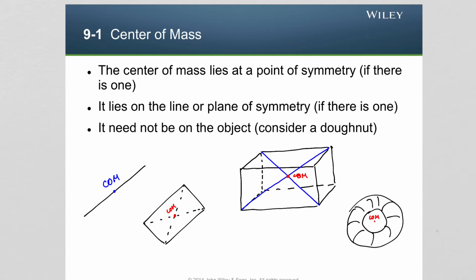Another example of the center of mass being positioned outside of a shape would be something that looks like that. The center of mass will be somewhere outside of the shape itself.